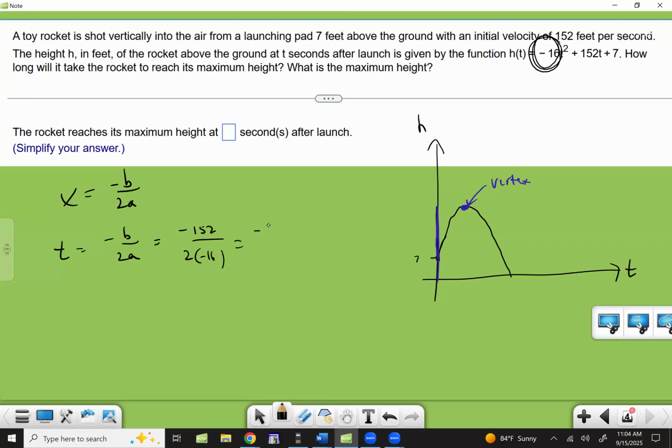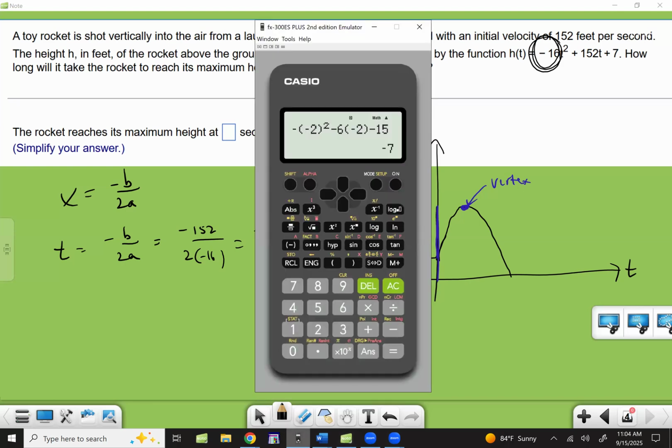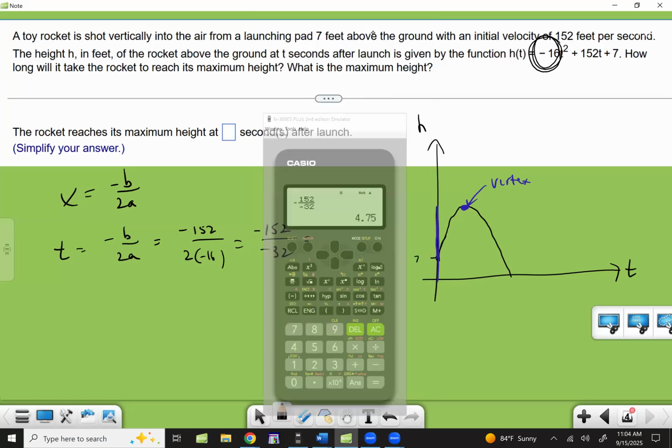All right, so we got negative 152 divided by negative 32. Let's see what that is. So let's see, negative 152 divided by negative 32. 19/4 or 4.75.